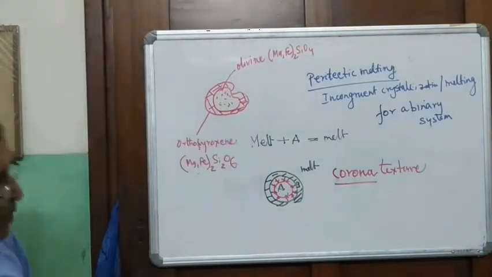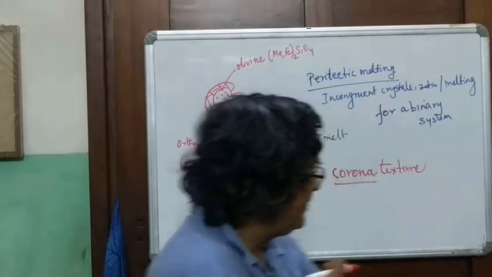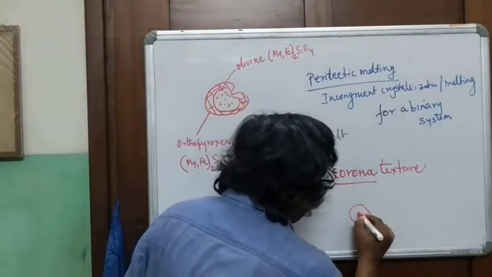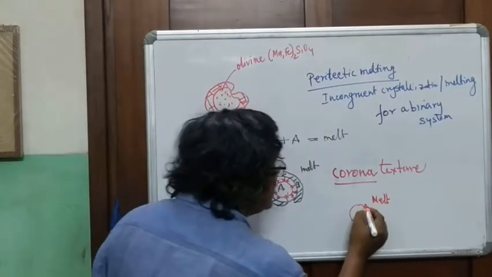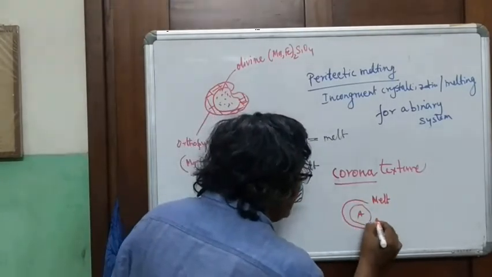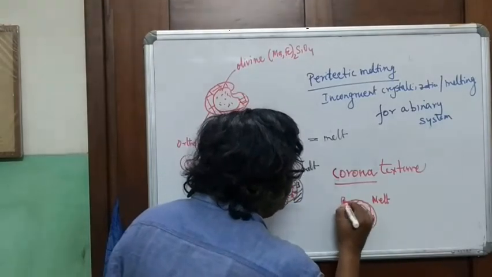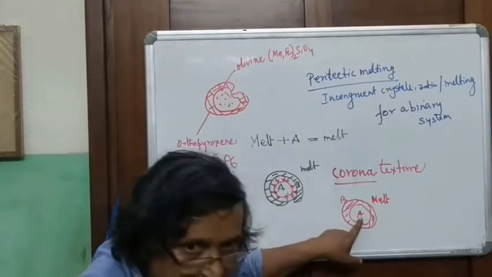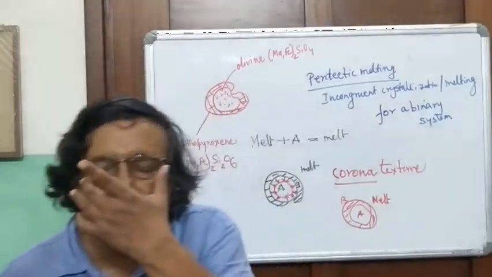The consequence of this corona texture is very important. Say a mineral A was in contact with the melt, and after some time it develops a reaction relationship where you form B. Then A is physically cut off from the melt.